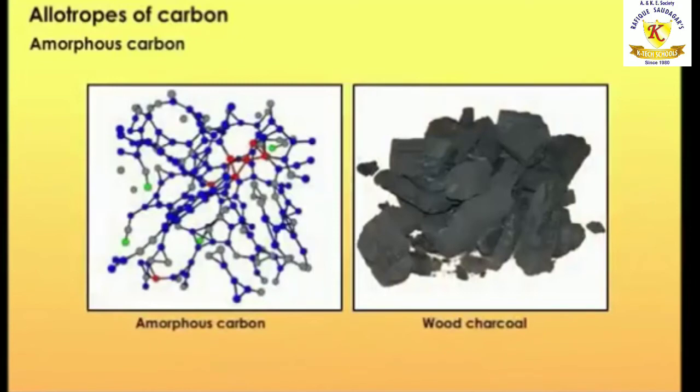Wood charcoal is obtained by heating wood in a limited supply of air. It is soft, black, porous and floats on water. Uses: it is used in gas masks to absorb poisonous or foul smelling gases.